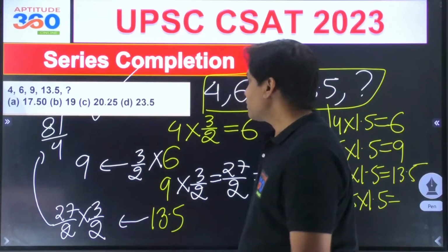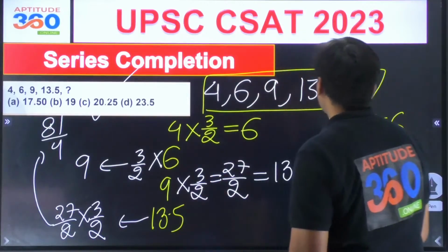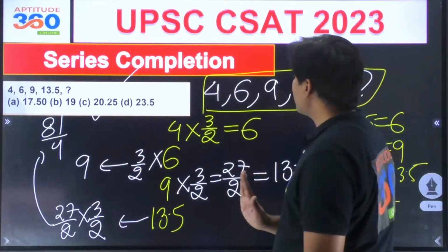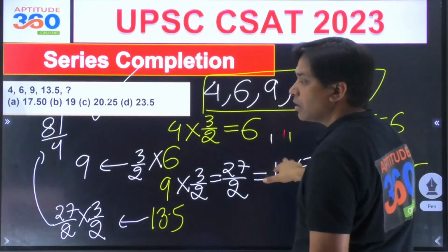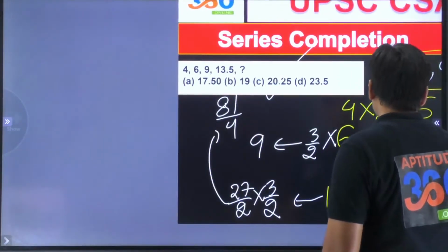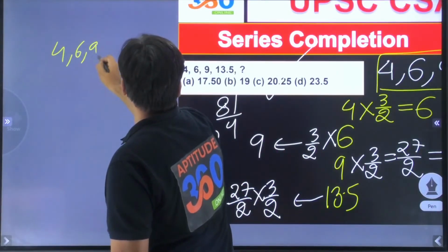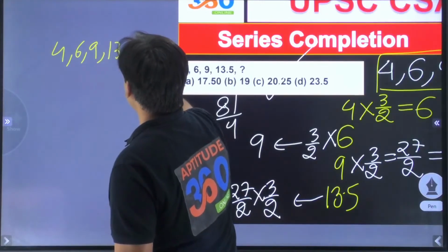Please apply difference of difference. Okay, let's check this also. Someone said to check difference of difference once in this. Is that coming out right? Prisha, is your doubt taken care of? Look. So if this is 4 and then 6 and then 9 and then 13.5 and then this.